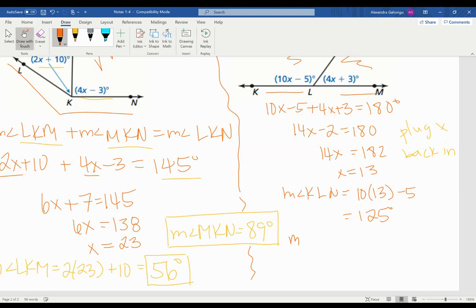And then if we don't want to plug it back in and we just want to make sure we did it right, we can do NLM and plug in 13 again. So 52 plus 3. And if I add those up, they add up to 180.